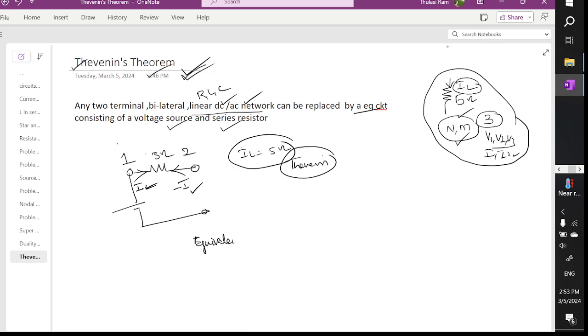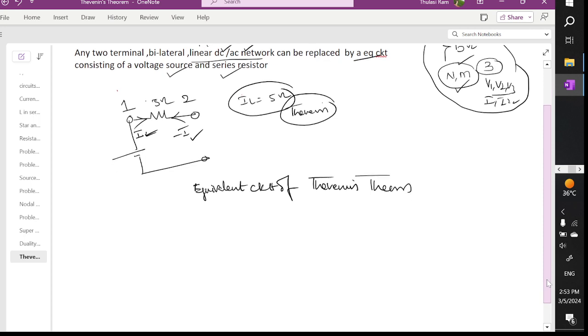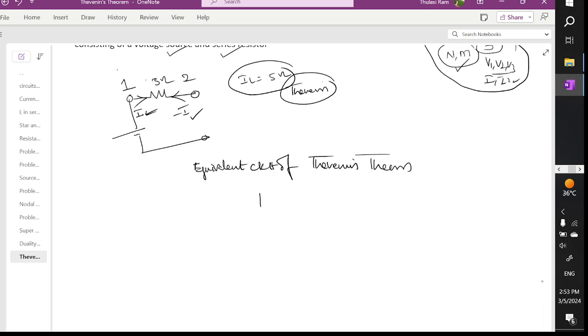See the equivalent circuit of Thevenin's theorem. We are going to have a voltage source, which is called the open circuit voltage source, and we draw a resistor, which is called Thevenin's resistance.